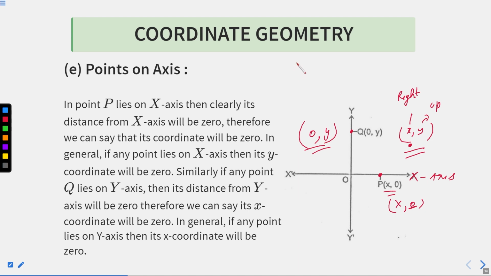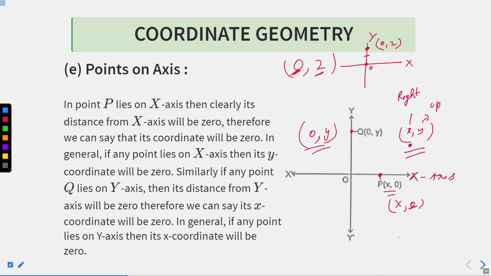So 0 comma 2 means, if I draw the x-axis and y-axis, x is 0. You know, this is the intersecting point, the origin O or 0. And we move upward 2 points, 1, 2. So here is 0 comma 2.